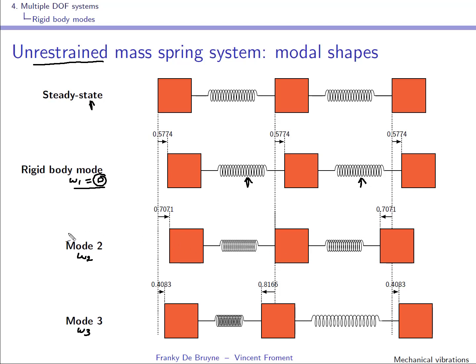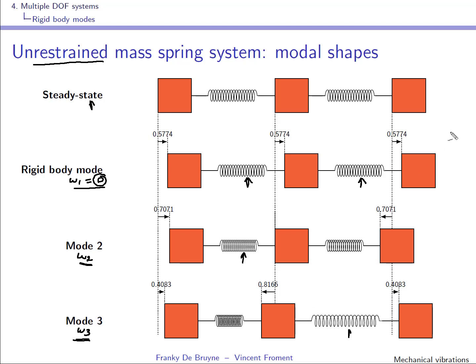Whereas for the other 2 modes, the next one is related to the second natural frequency: you see that the first mass is moving in this direction, the second mass does not move, and the other one is turning back. So here indeed you have compression. And for the third mode you have compression over here and the spring is stretched over here.